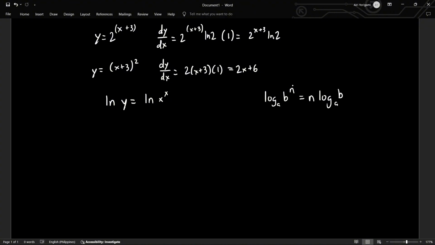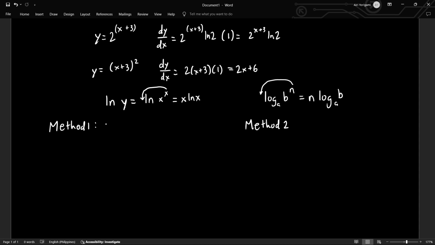So we can just shift the exponent to the front. So here it's the same thing. We shift the exponent to the front. So this would become x ln x. So here we have method 1, and let's do method 2 on the right side.